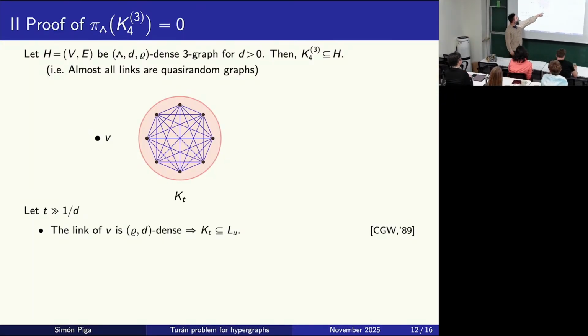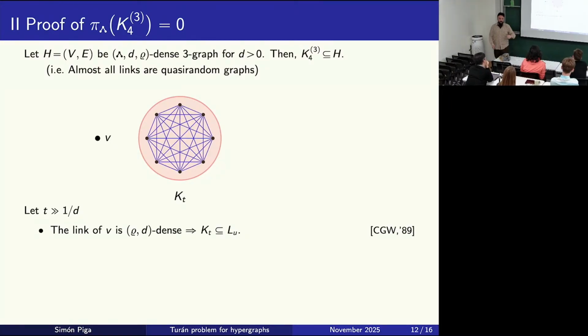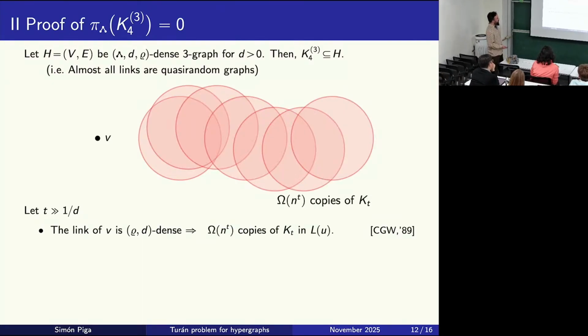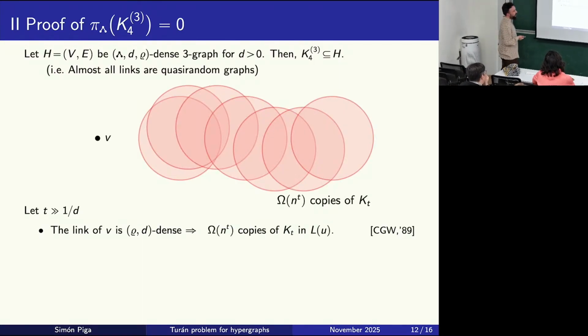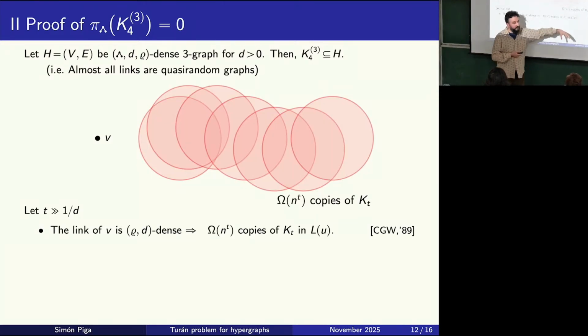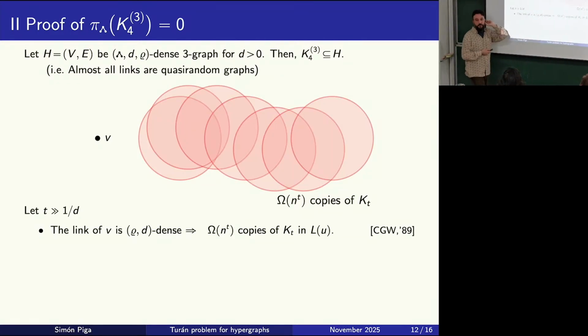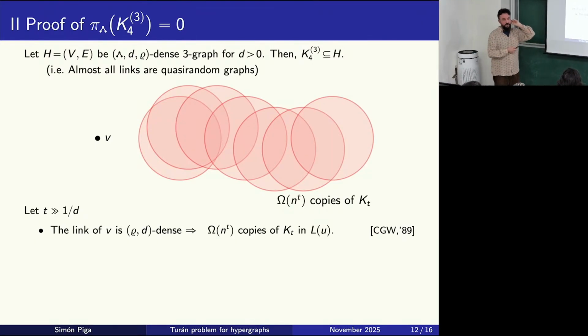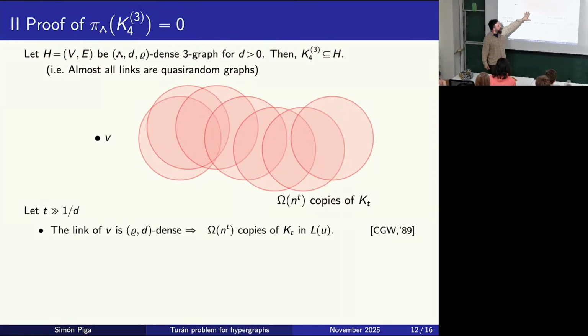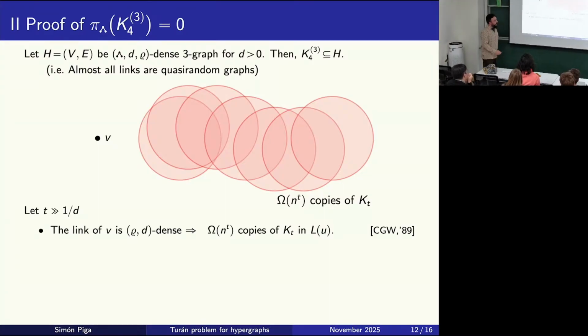So you take a clique of size t, where t is much larger than everything else, except n, but t is larger than all the constants. You can actually blow up this result, and find not only one copy of Kt, but many copies of Kt. A positive proportion of the possible Kts are actually Kts. Again, all the constants get worse, but in spirit, this statement is still the same.